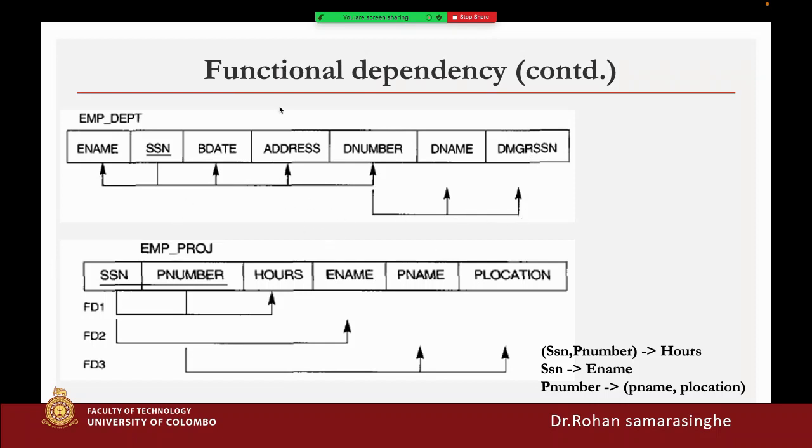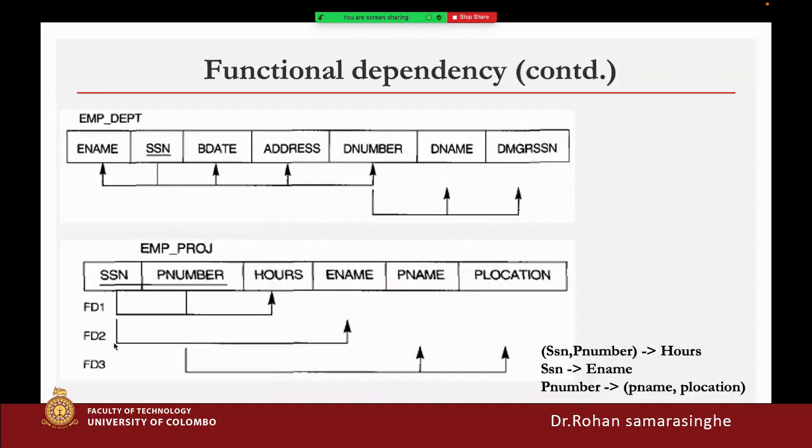You can see actually this is not a normalized table. In the employee project table, from SSN and project number we can access the number of hours of the project.